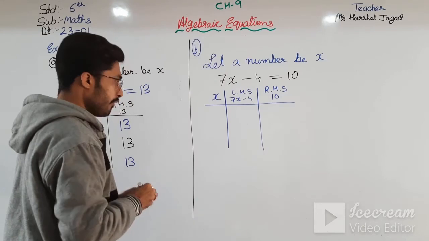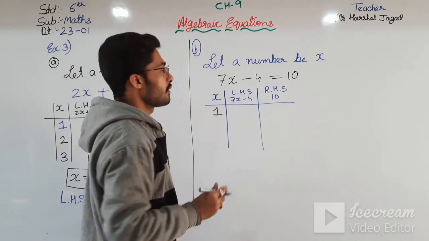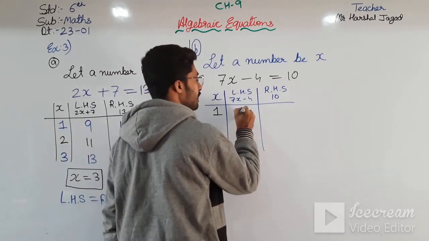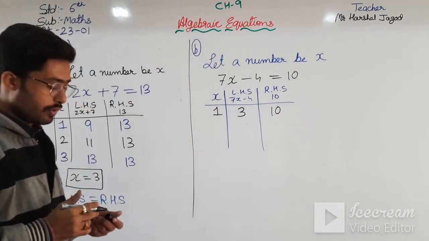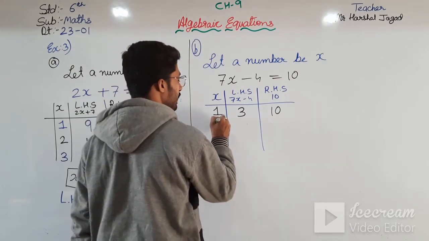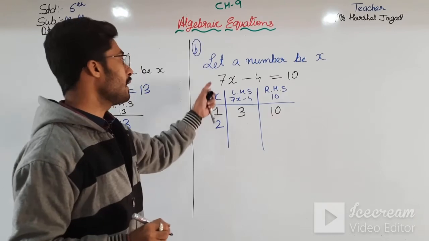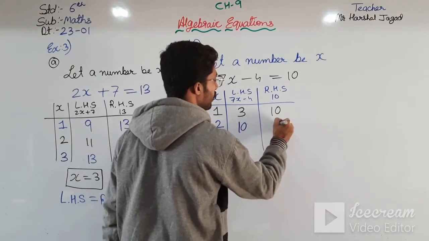If I take x equal to 1, 7 ones are 7, 7 minus 4 is 3, and RHS remains 10. So x equal to 1 is not the answer. Then taking x equal to 2, 7 twos are 14, 14 minus 4 is 10.